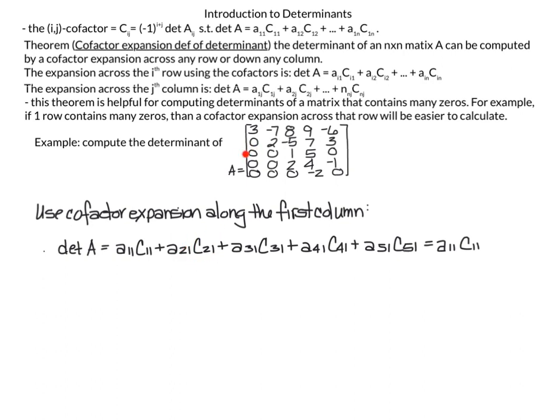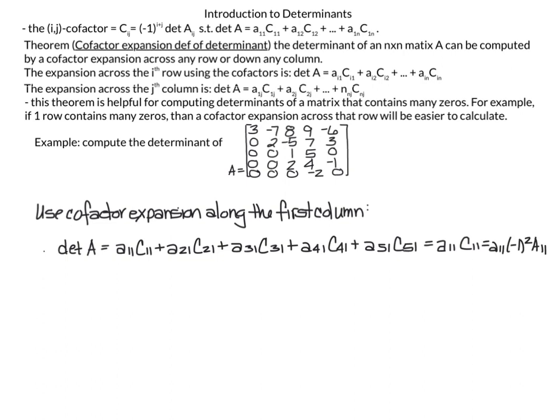Then this is the third row, first column, so that's A31 and then C31, A41, C41, and last, fifth row, first column, A51, C51. So again, you can memorize this, but it's also kind of easy to figure out. Just looking at this, A21, A31, A41, and A51 are all equal to 0. So this whole expansion is equal to A11, C11.